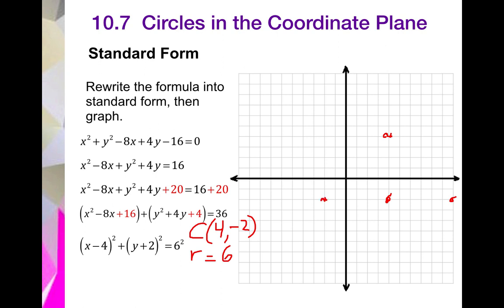And then down, 1, 2, 3, 4, 5, 6. So now I have this sketch of a circle. And that circle represents the equation that we started out with, which we converted into standard form so we can see what it has to look like.